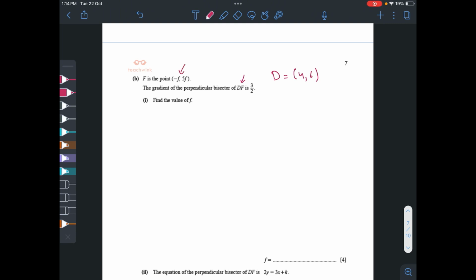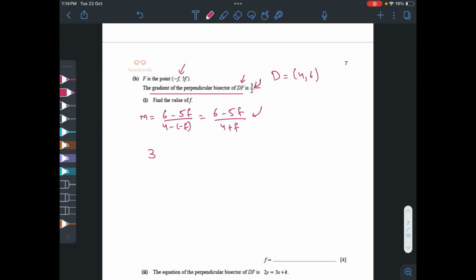In order to find the gradient, you do 6 minus 5F over 4 minus negative F. That simplifies to 6 minus 5F over 4 plus F. The question says the gradient of the perpendicular bisector of DF is 3 over 2. So if I multiply the two gradients together, I'm supposed to get negative 1.